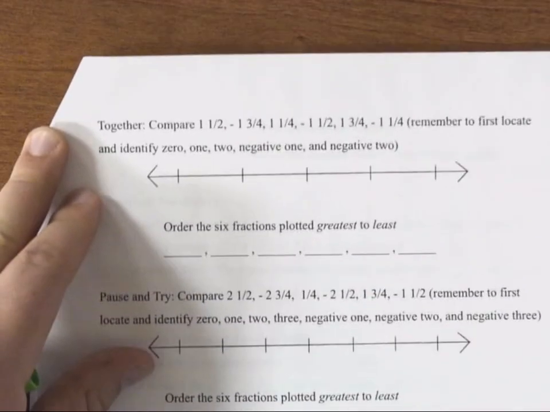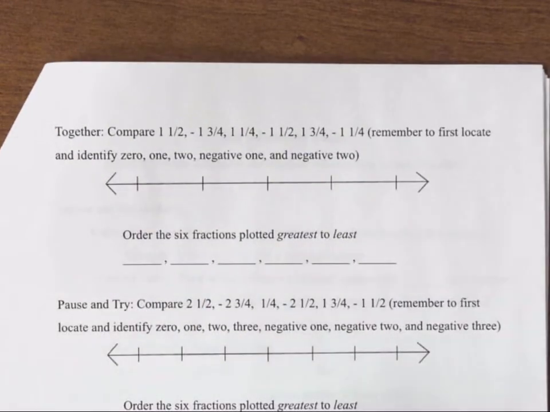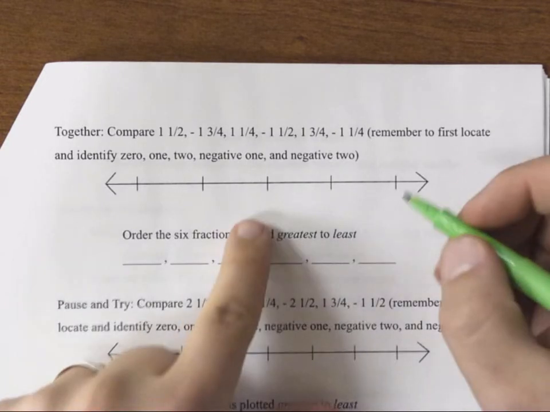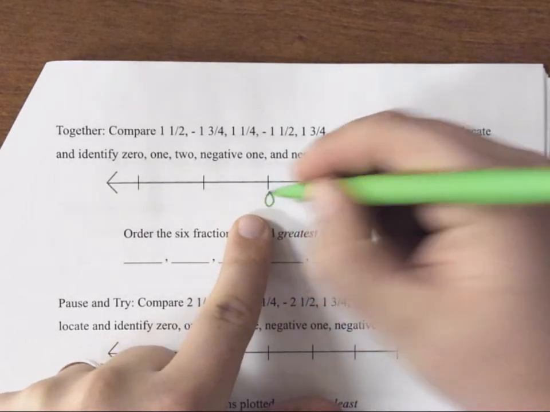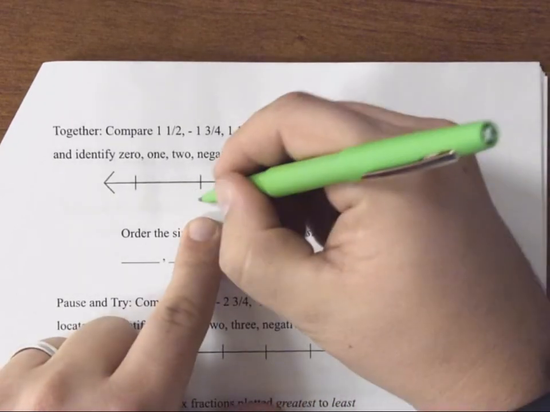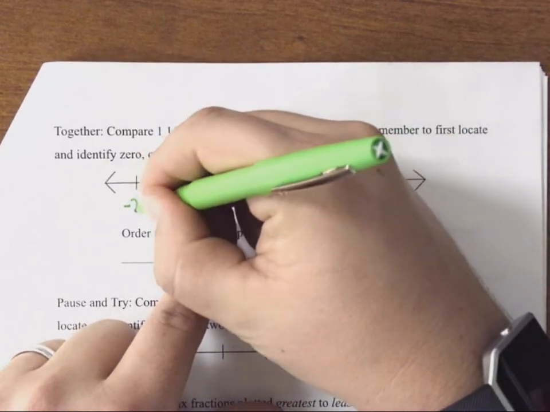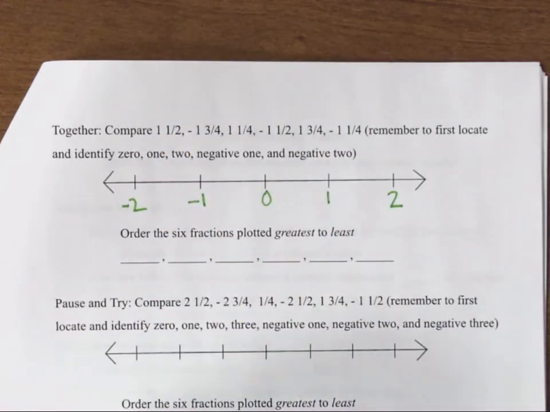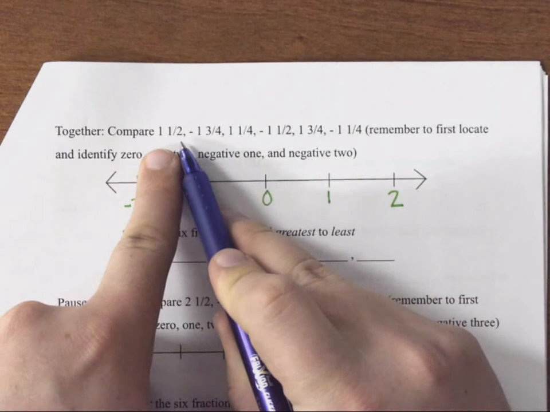So now we're working with fractions again. Comparing the fractions, 1 1/2, negative 1 3/4, 1 1/4, negative 1 1/2, 1 3/4, and negative 1 1/4. So first we need to locate 0, which is in the middle, positive 1, positive 2, negative 1, and negative 2. So where is 1 1/2?